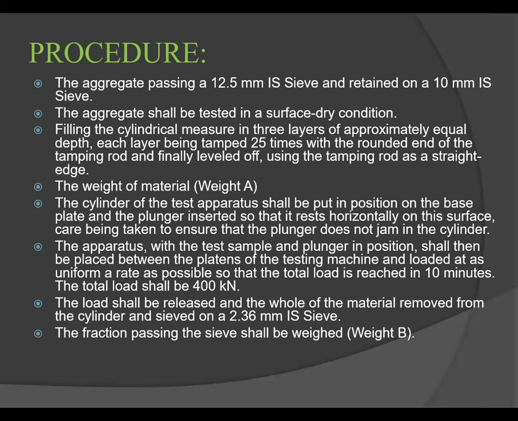After that, fill the cylinder measure in 3 layers of approximately equal depth, each layer being tamped 25 times with the rounded end of the tamping rod, and finally level off using the tamping rod as a straight edge.